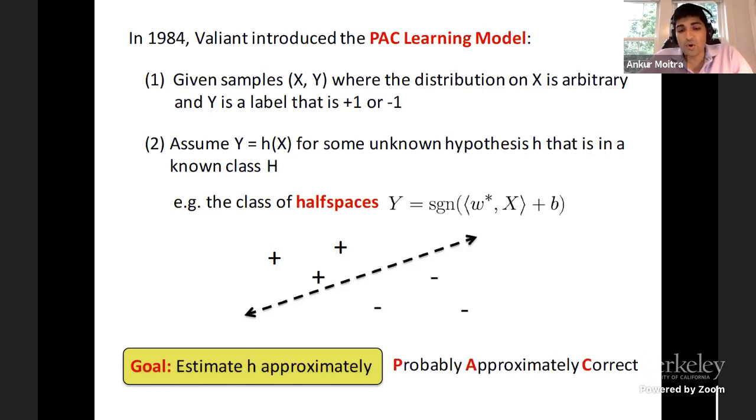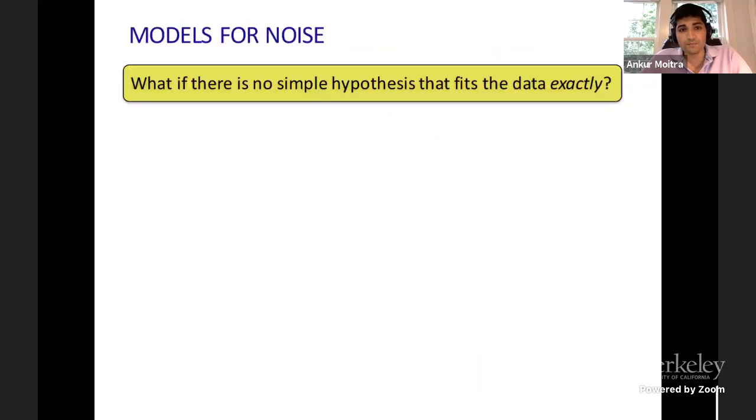So this is called probably approximately correct learning. That's why it's called the PAC model. So you allow yourself some failure probability delta. Maybe you just got really unlucky with the samples you're given. And you want your learning algorithm to be approximately correct in the sense that it outputs another hypothesis that agrees with most of the data that's coming out from your generative model.